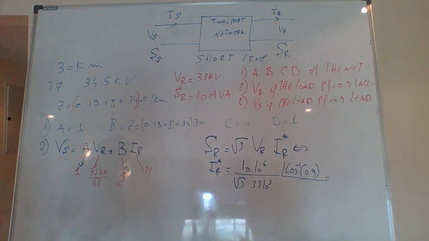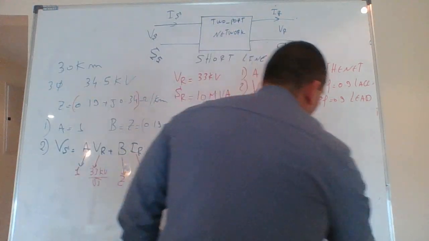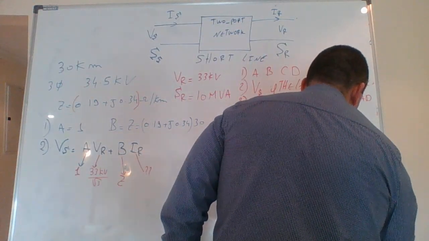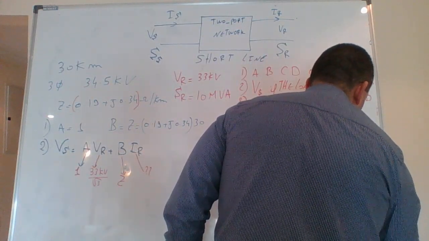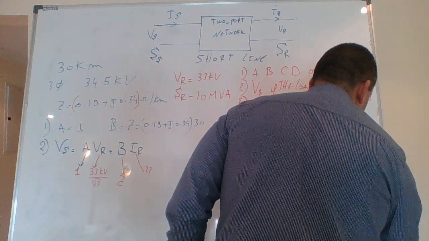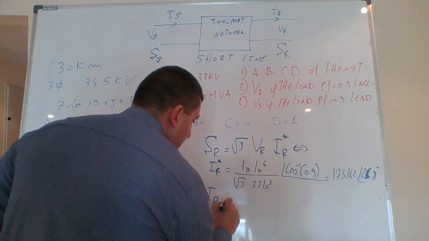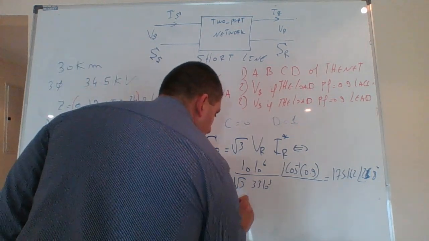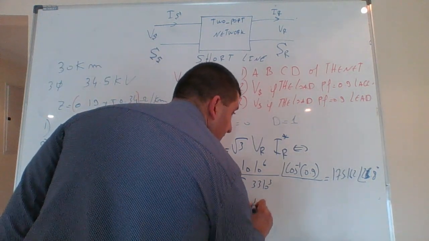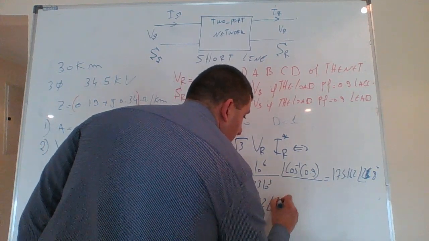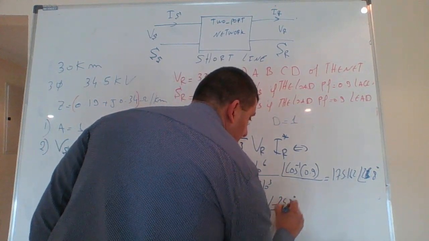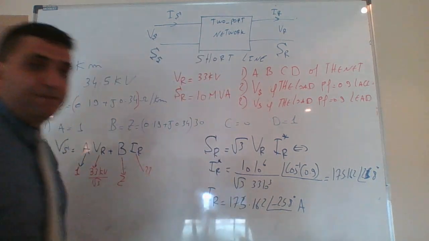The answer is 175.162 at an angle of 25.8 degrees. So IR, from this conjugate, is equal to 175.162 at an angle of minus 25.8 degrees amps.